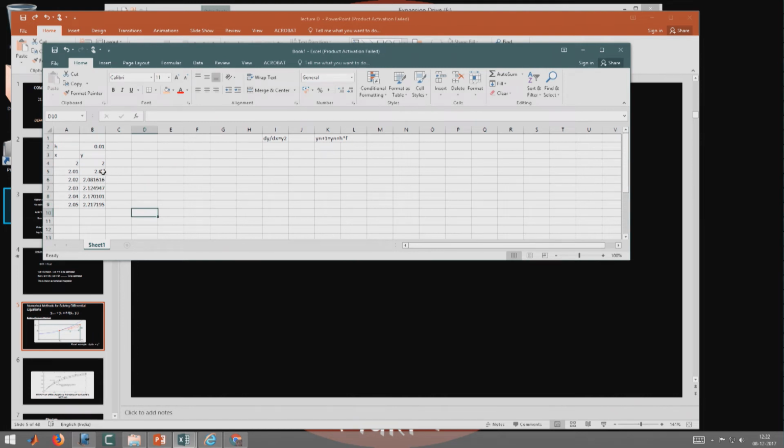Okay, so as you can see, y keeps increasing. Suppose the step length is large, as you can see, the y value is rising very drastically, whereas if the step length is very small, it will not rise so drastically.